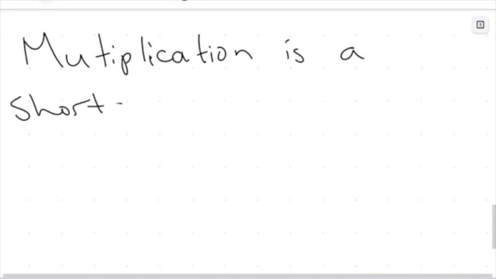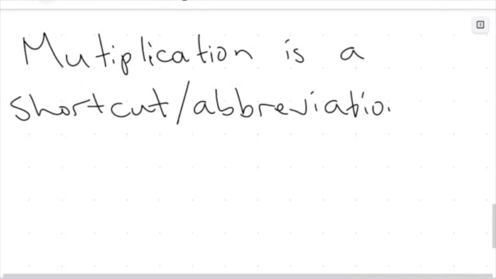Now, I'll write one more definition. Multiplication is essentially a shortcut or abbreviation of addition.